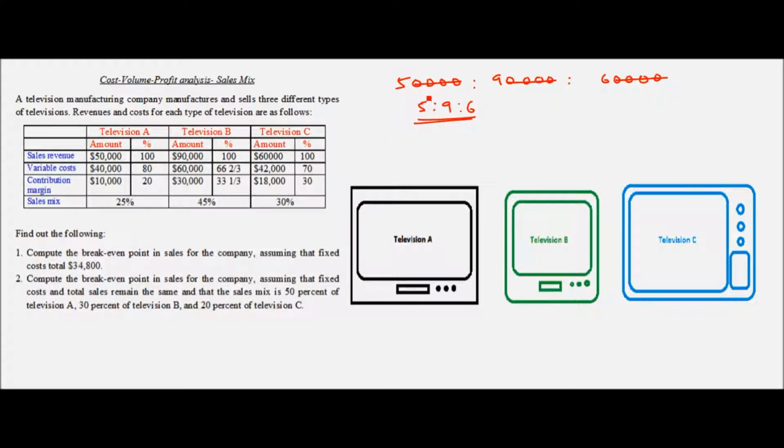Now if we have to convert this ratio in terms of percentage, that means out of a total of 100, how much portion is the sales of television A, how much portion is the sales of television B, and how much is the sales of television C. So for television A, the portion of sales out of the total sales is 5 divided by the total, which is 6 plus 9 is 15 plus 5 is 20.